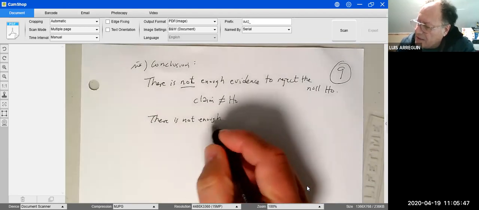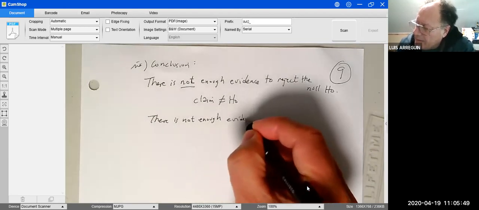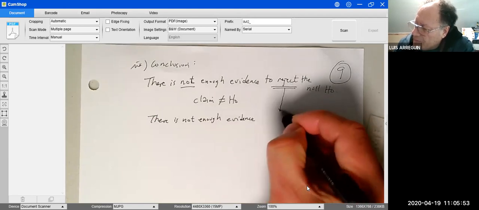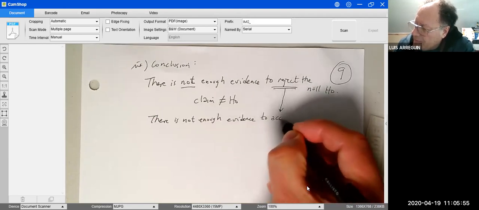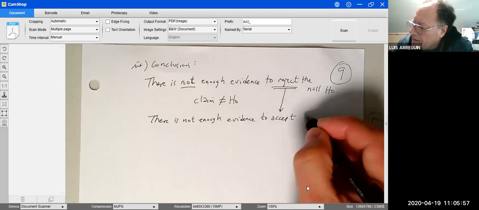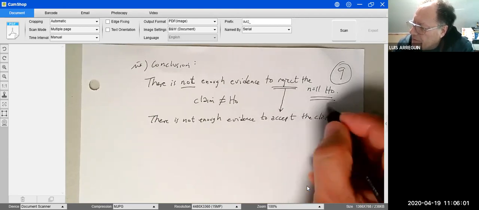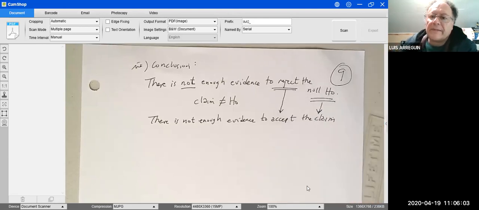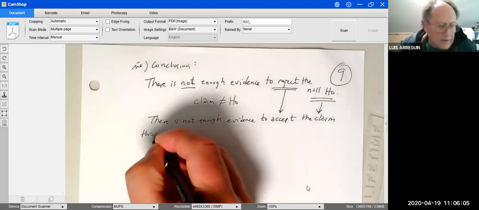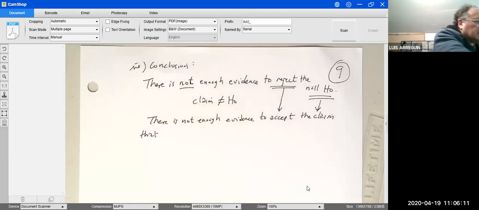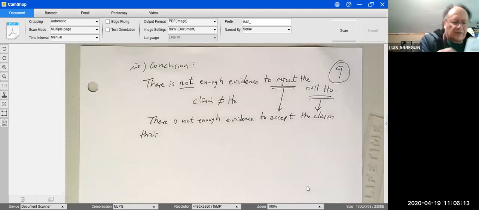So there is not enough evidence, and again we're going to change only the verb to accept the claim. So we change the verb, we change the subject, that, and then you can just rephrase the claim that they gave you.